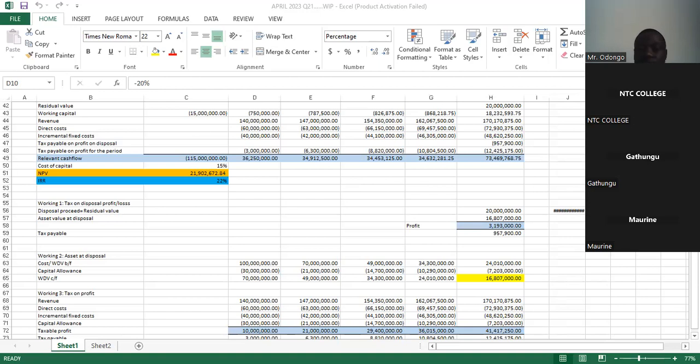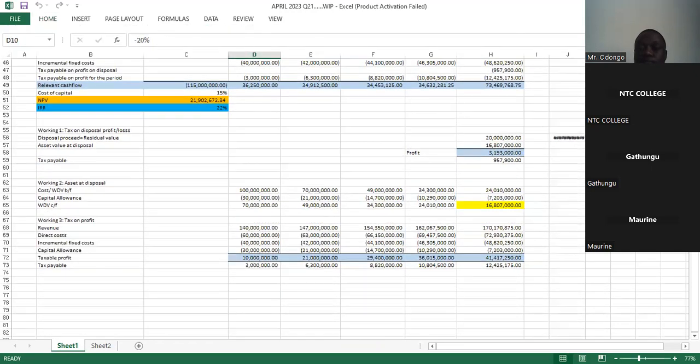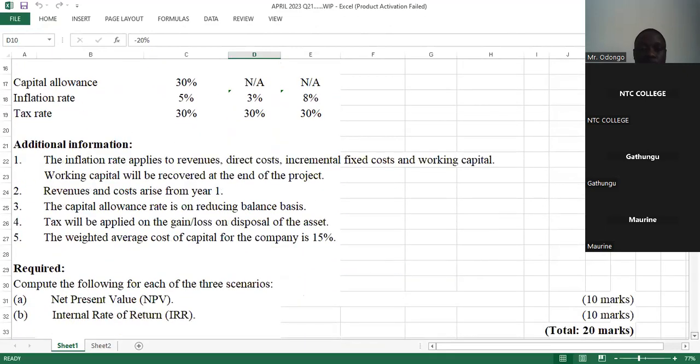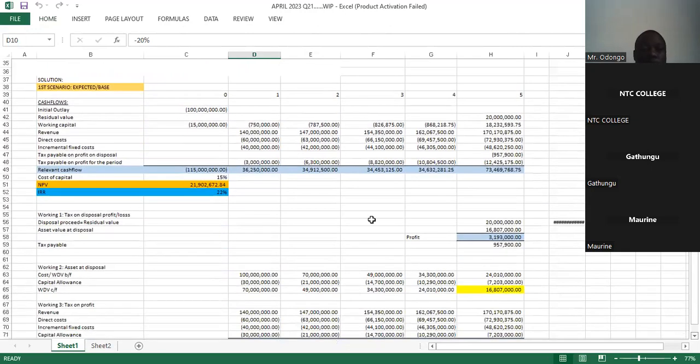What we calculated last was the NPV and the internal rate of return for the best case or the expected case, yeah?